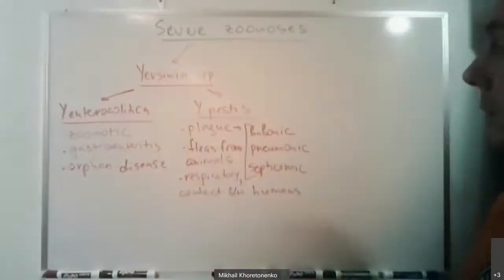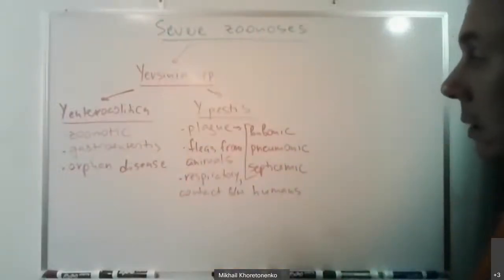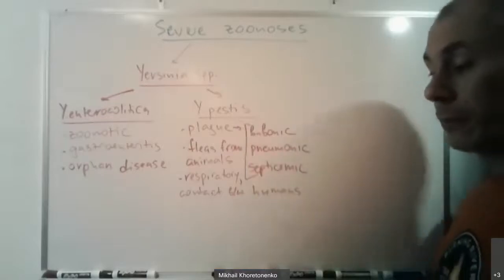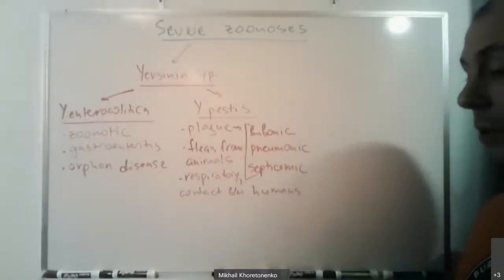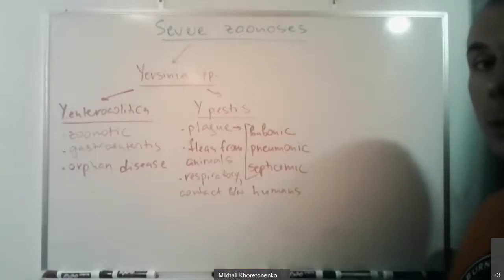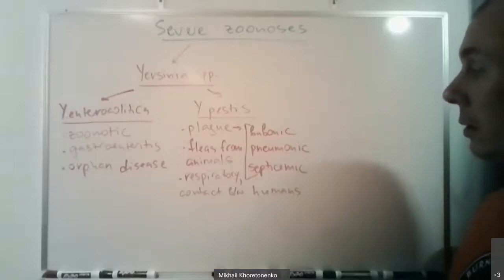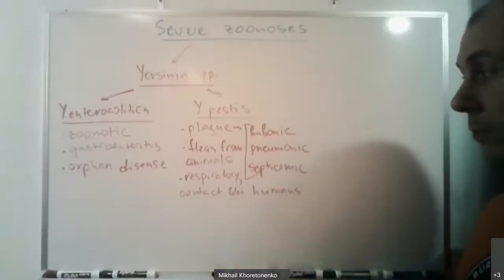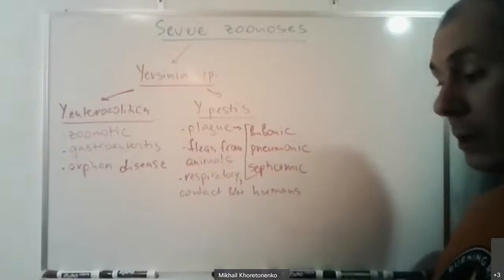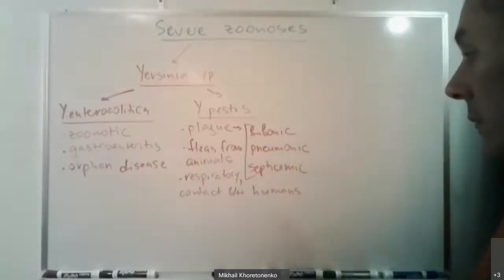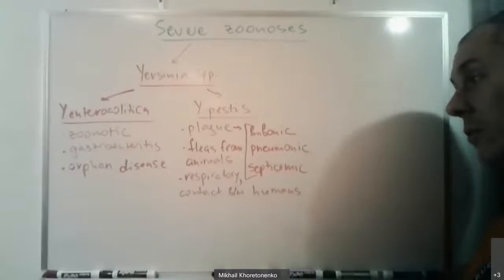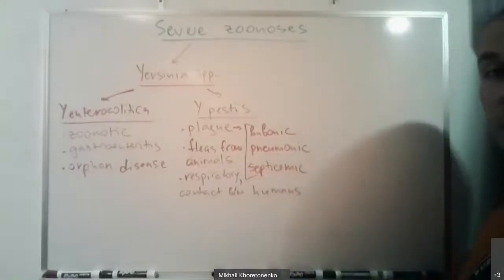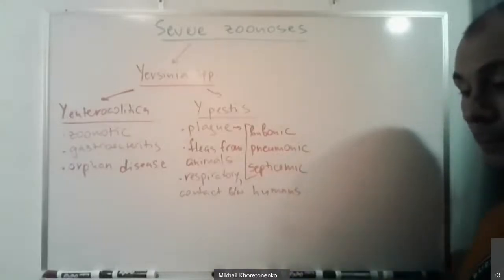So how does infection occur? If a person is bitten by an infected flea, the microorganism migrates to the closest lymph node, leads to the necrosis of the lymph node, and that is called a bubo. If this person develops the septicemic form or pneumonic form, the infection can be transmitted from person to person via respiratory or close contact.